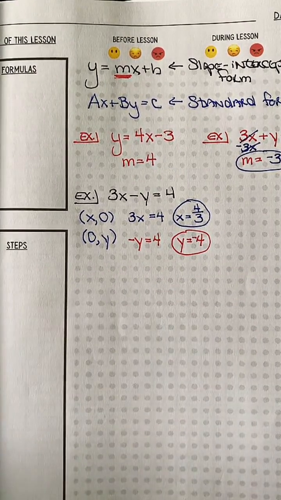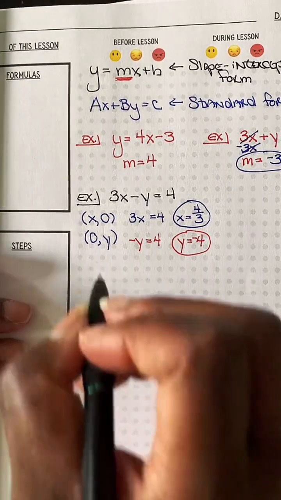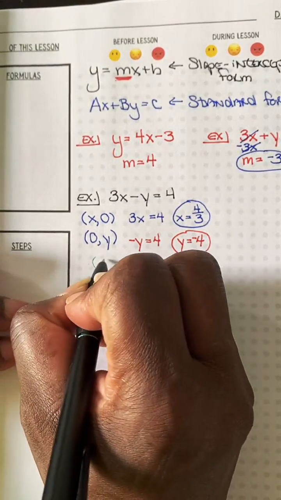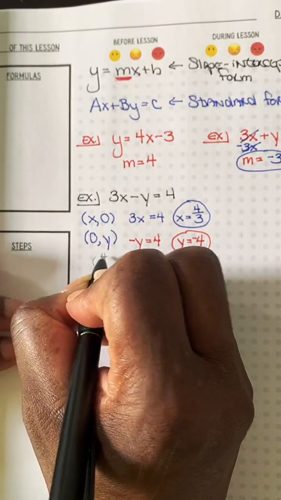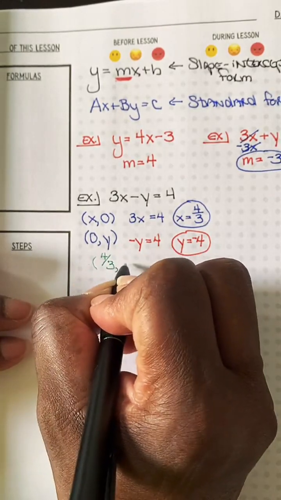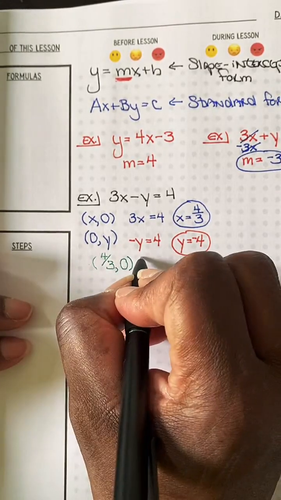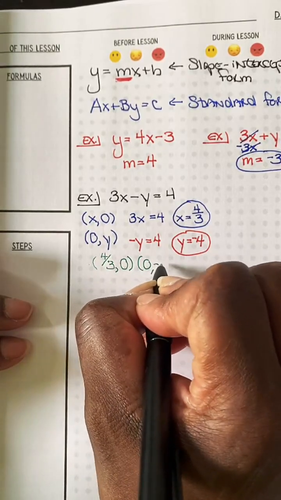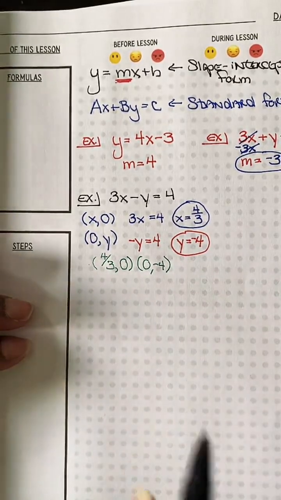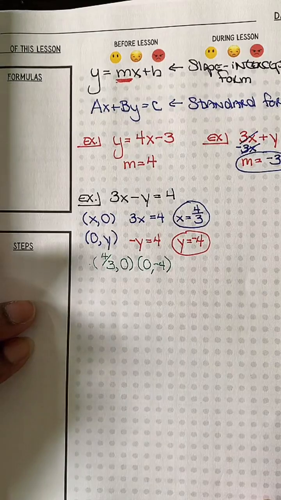So the two ordered pairs we should be graphing are 4/3, comma 0, and 0, comma negative 4.